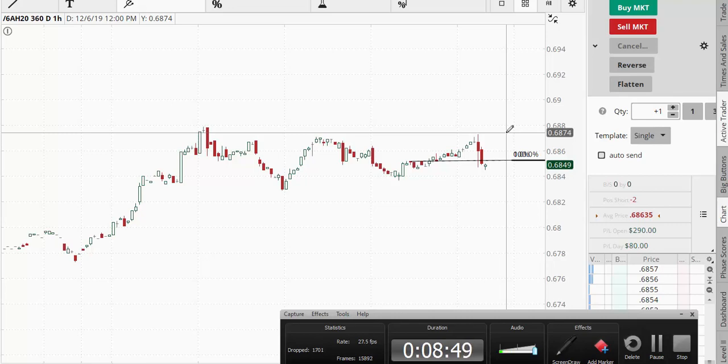But you won't get all of them. And you've really got to be able to use your skill to determine if you want to take the trade, where you want to enter, and where you want to exit. So that's the deal on the waterfall.